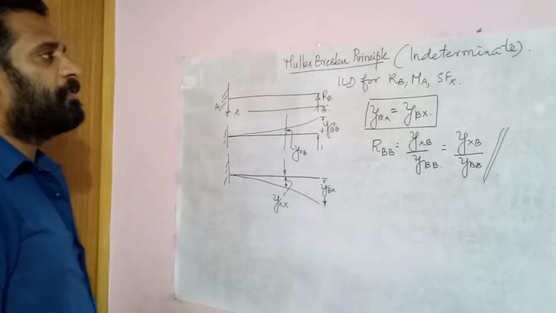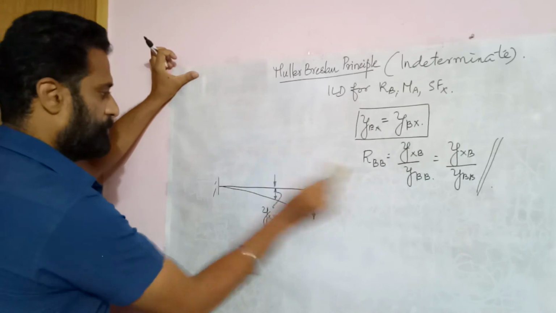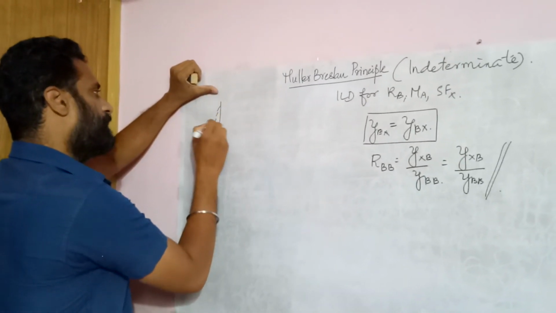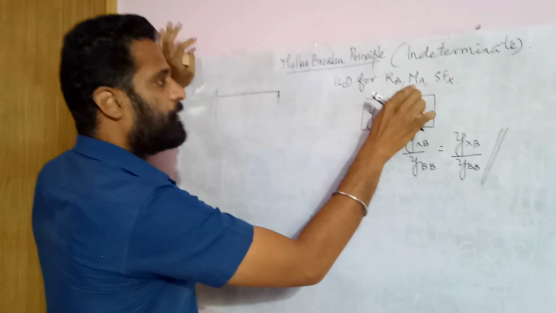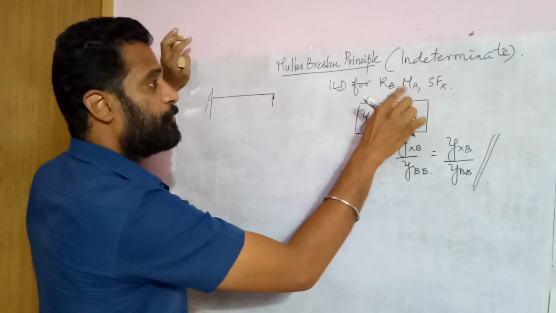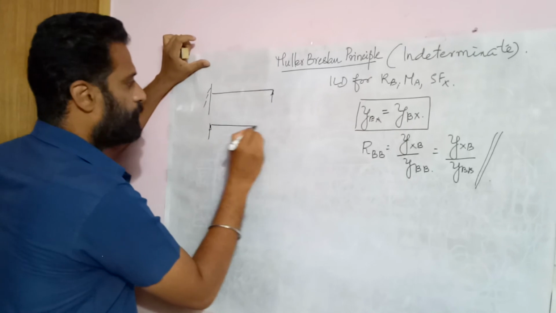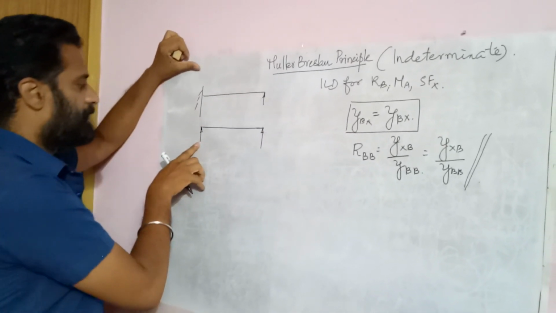In case of finding the moments, for a cantilever beam you need to remove the moment and give a unit rotation there. I am removing the moment alone. You should not remove the restraints against the deflection.